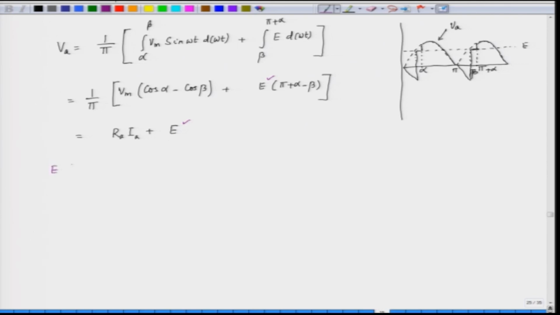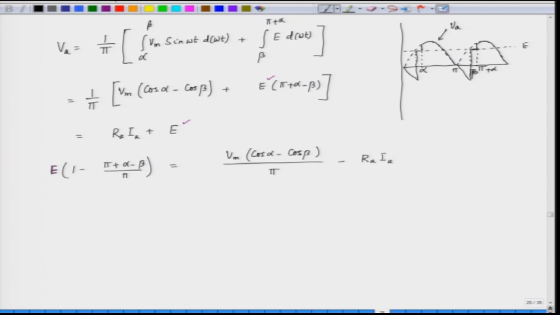So, E into 1 minus pi plus alpha minus beta by pi, that is equal to Vm into cos alpha minus cos beta by pi minus IA RA.